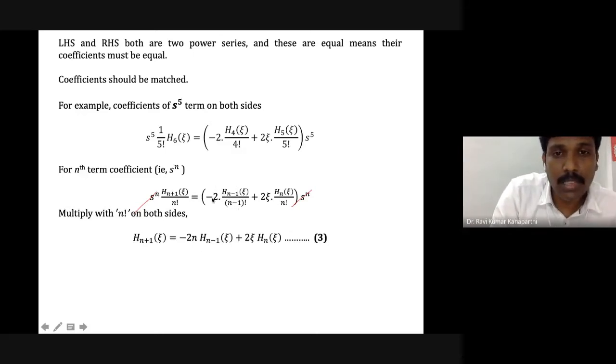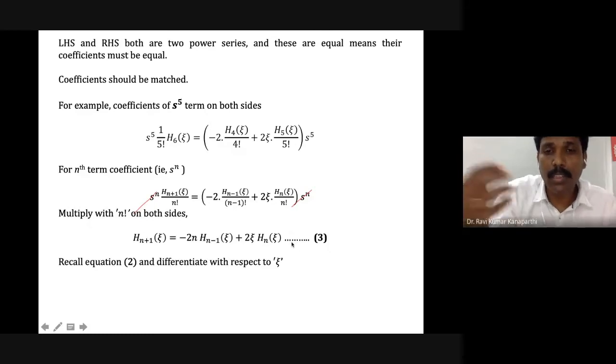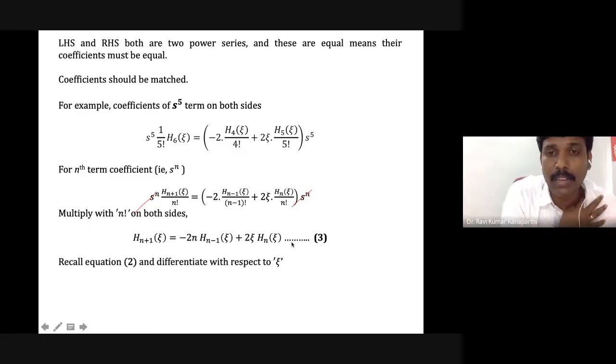There is already a 2, so this is minus 2n multiplied by h n minus 1 of z. And then 2z, and in the denominator we have n factorial, and since we are multiplying with n factorial, both get cancelled out, and what we get is 2z multiplied by hn of z. So this expression you can just label.